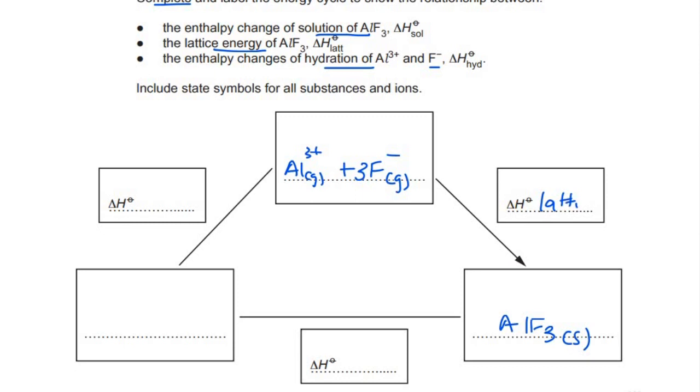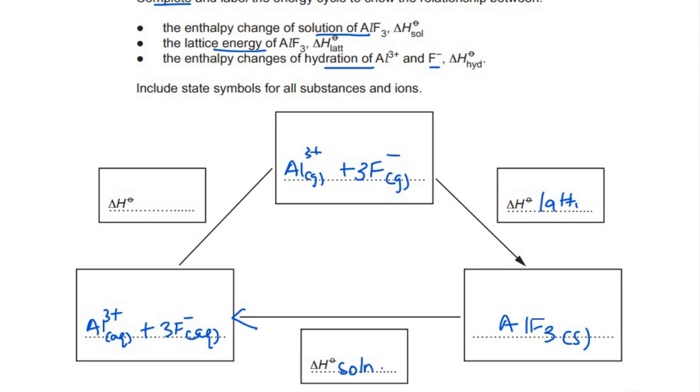Now if we are talking about solution, then AlF3, if it undergoes an enthalpy change of solution, is going to form Al3+ aqueous plus 3F- aqueous. That's how it's going to form, and this is the arrow direction I'll show, and this is the enthalpy change of solution.